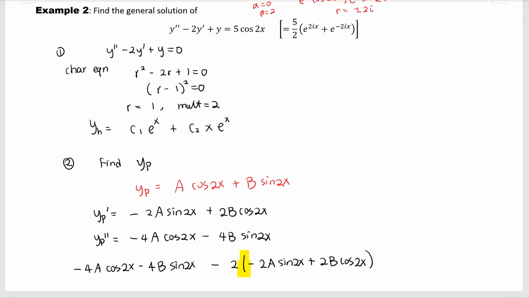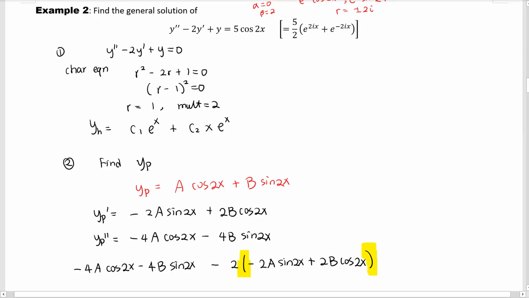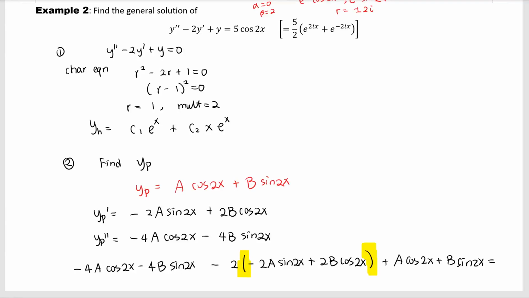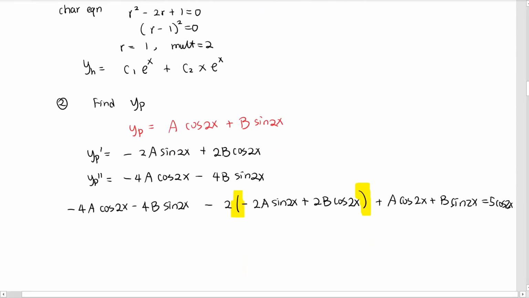Your parentheses are so important, especially when the problems get more and more complicated. You have to be careful, catch your breath, and work on it. Plus y, where y is a cosine 2x plus b sine 2x, equals my right hand side, which is 5 cosine 2x. Okay, so far so good, everybody?